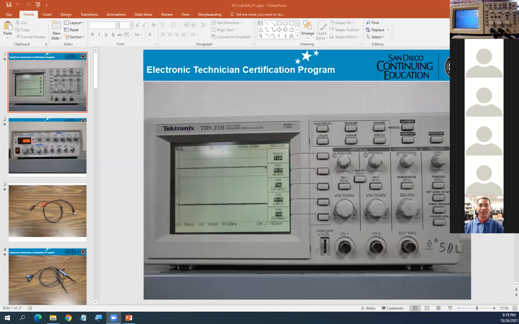Now you see the display of the scope, right? Yes.